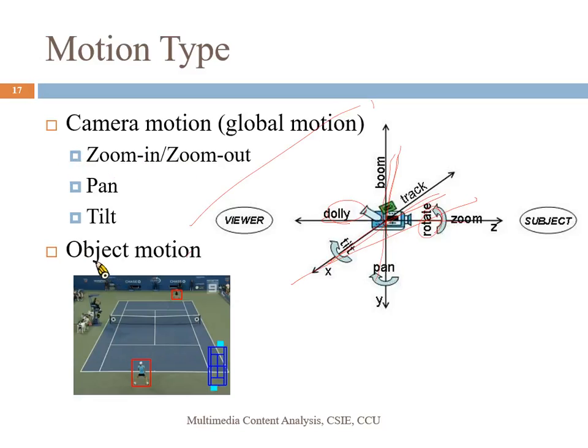Estimating camera motion is very important in many applications. Another motion may be caused by objects, like the camera may be fixed, but because the players are running, they cause object motion. By checking the pattern of object motion, we can do a lot of applications.